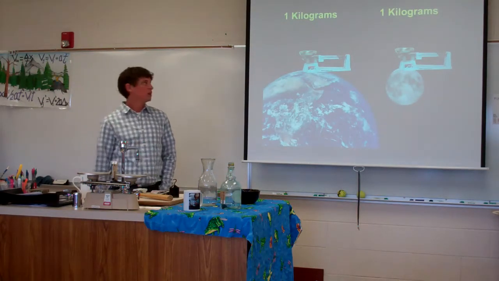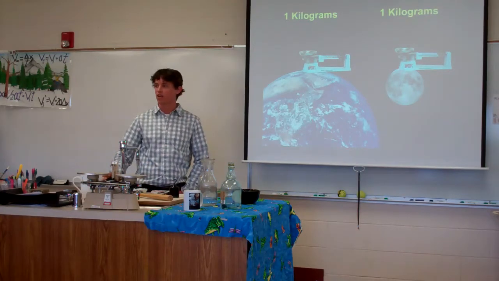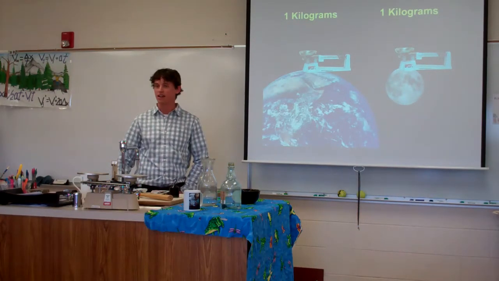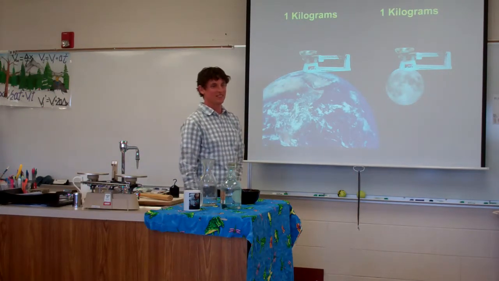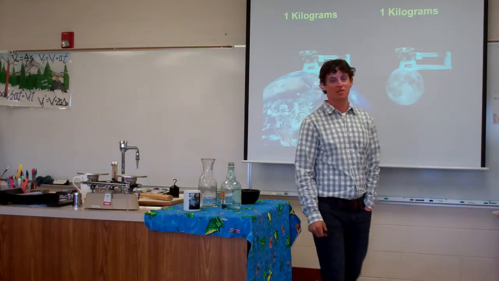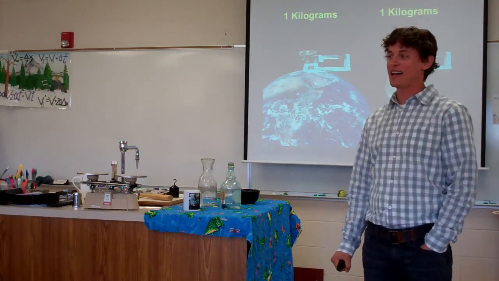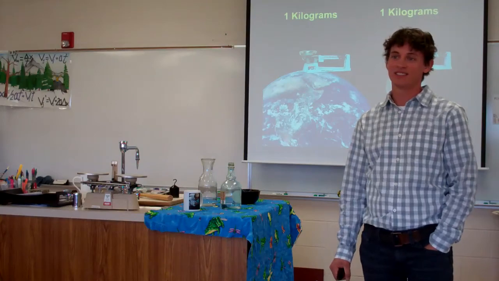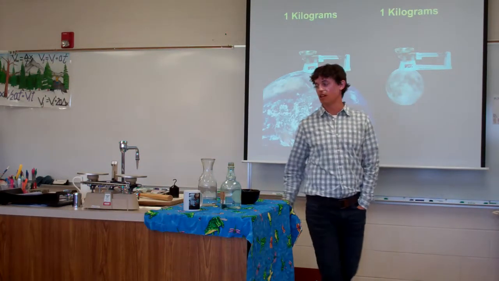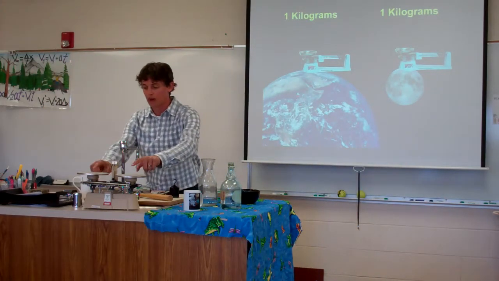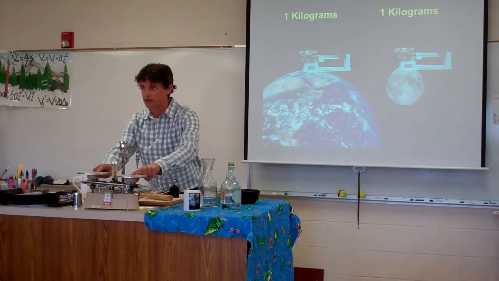Now this thing right here, please do not ever, ever again call that a scale. It is not a scale. What is it? A weight measurer. Actually, it doesn't measure weight. It measures mass, and what would we call it? A balance. It's a balance. This is a balance too. We put something on this side and other stuff on this side, and it balances it.